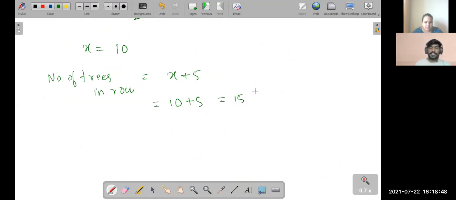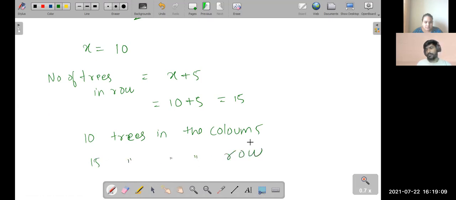So 10 trees in the column and 15 trees in the row.